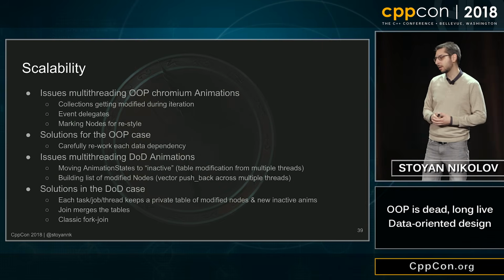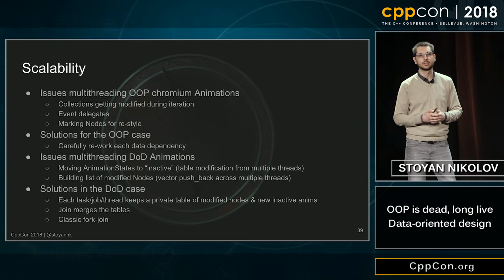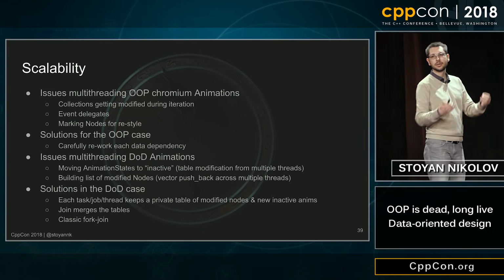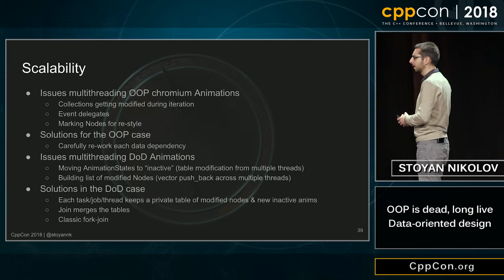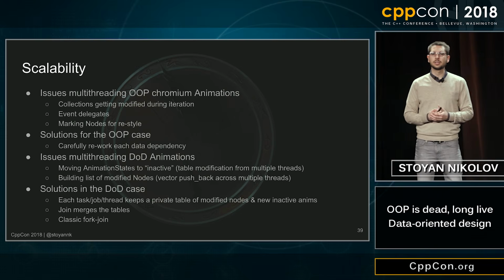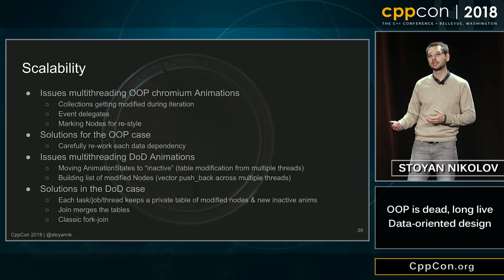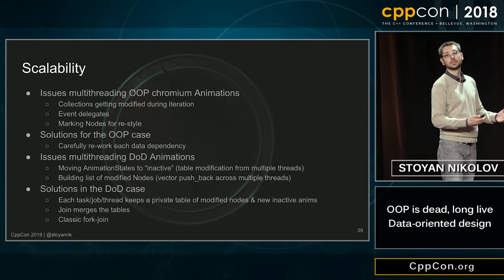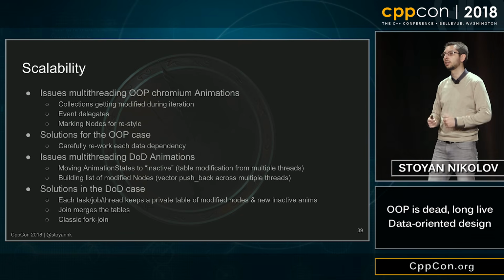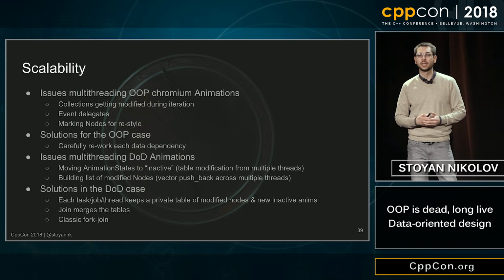Next up, let's talk about scalability. How could we hypothetically scale those systems? And here by scaling, I mean a very simple thing, making them work on multiple threads. Well, in the object-oriented case, it will be very difficult because we'll have to account for all those dependencies, for the data races that are very probable in the system. So we don't know when we say to the target to change its style if some other thread is doing that.